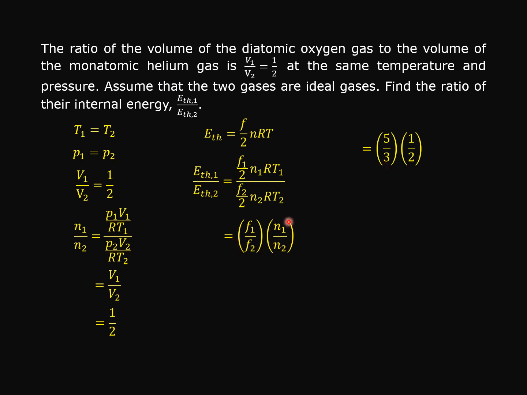And the ratio of the number of moles between these two gases was already calculated just now, which is half. Therefore, we substitute n1 over n2 as half. Therefore, the ratio of the internal energy of these two gases, oxygen and helium, is equal to 5 over 6.